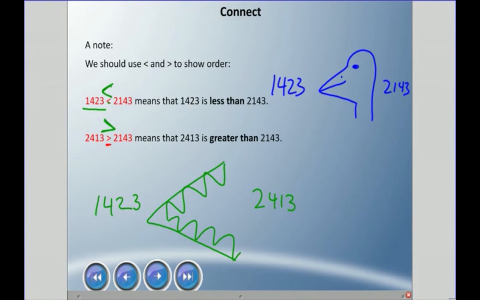Yes, that helps us know what direction to put it in, but my point is we need to learn how to read this, because this pointing that way and this pointing this way do mean different things. So we would say this is less than because we're referring to the number here, and this one is greater than because it's referring to the number here, because again, we read left to right.